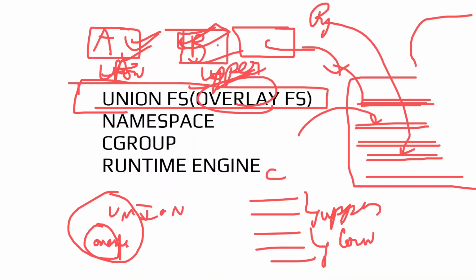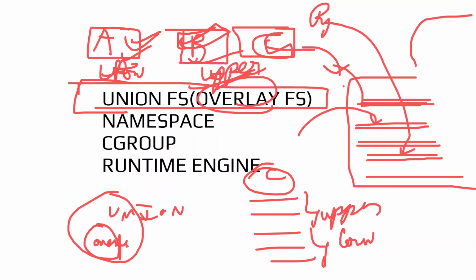Even Docker uses overlay file system underneath because it runs on Linux. It just merges these two things together. So what does this merge mean, and why is this merge important, and why are we using this overlay FS?